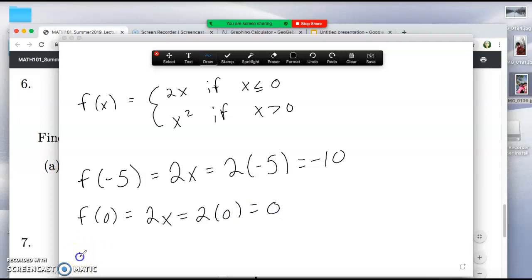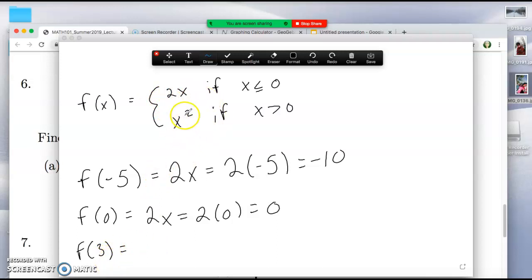Now let's try f of 3. I can only use 2x if my x value is less than or equal to 0. So is 3 less than or equal to 0? No. 3 is not less than 0, and 3 is not equal to 0. So I cannot use 2x to find the value of f of 3.